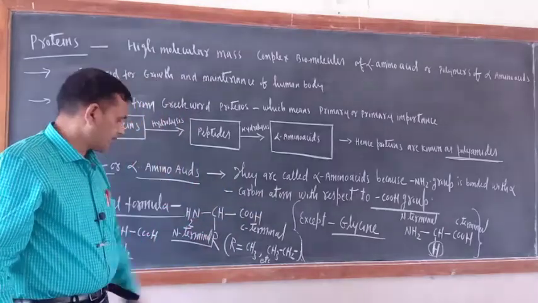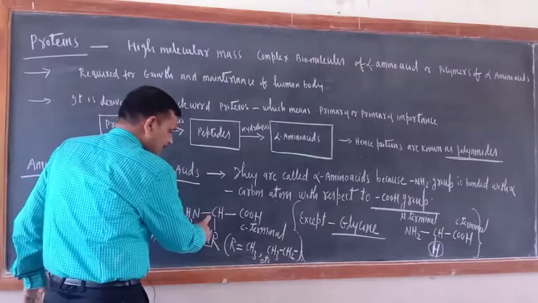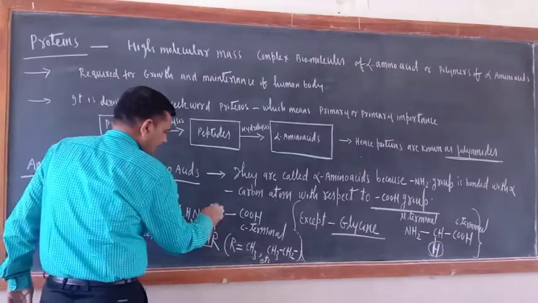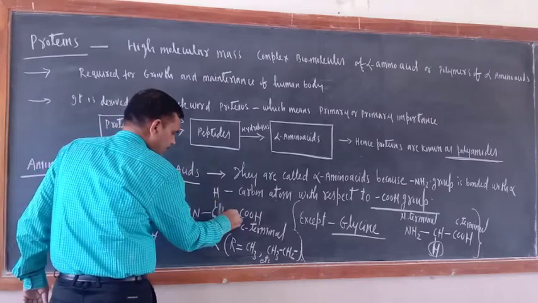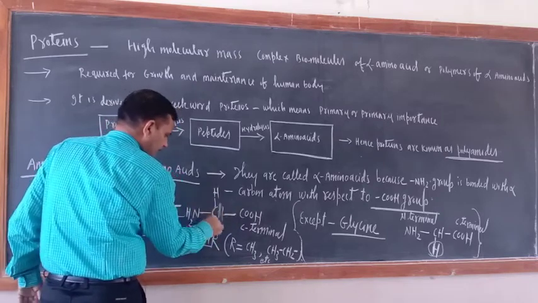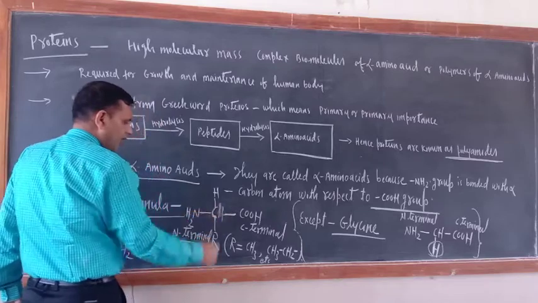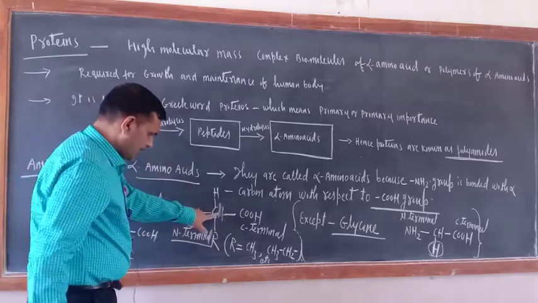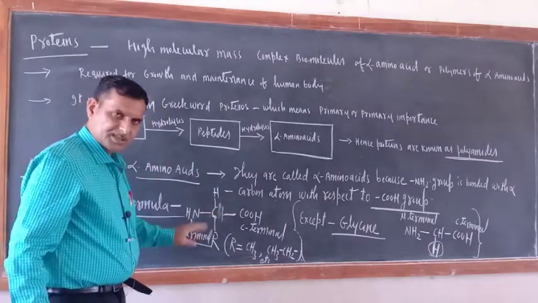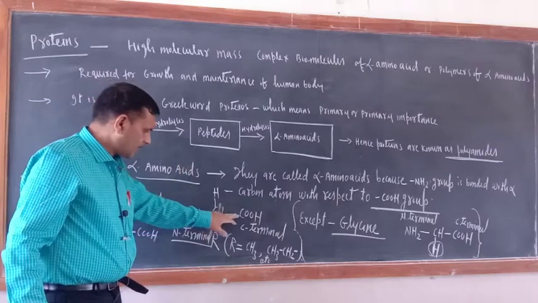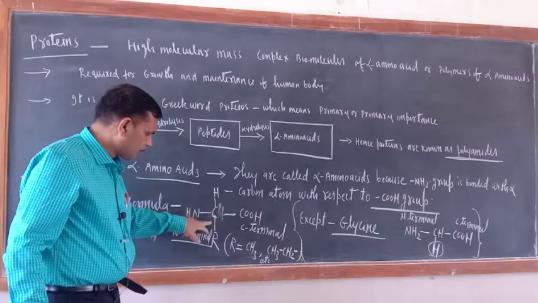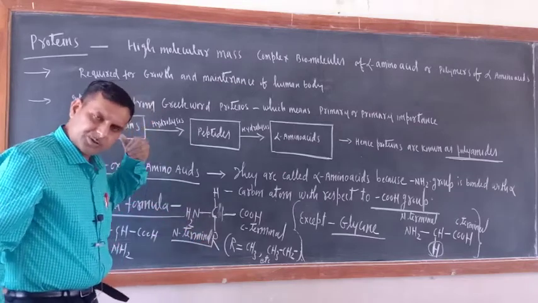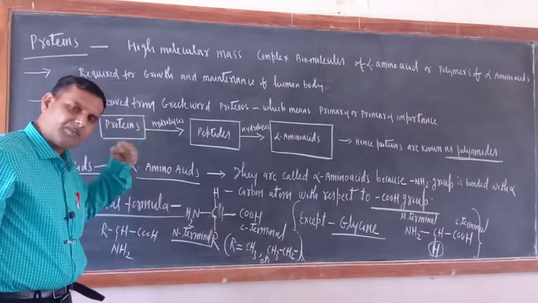One more important thing, just pay attention toward this carbon atom. See, this carbon atom has got 4 valencies. See carefully. Its one valency is fulfilled by the COOH group, second by H, third by NH2, fourth by R. So this is the general formula of all amino acids.